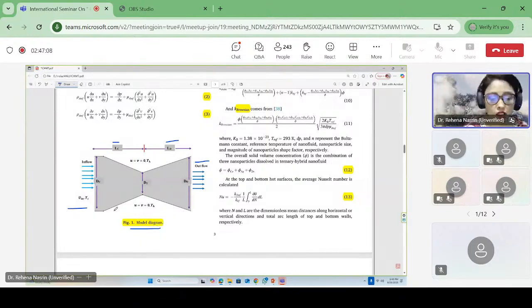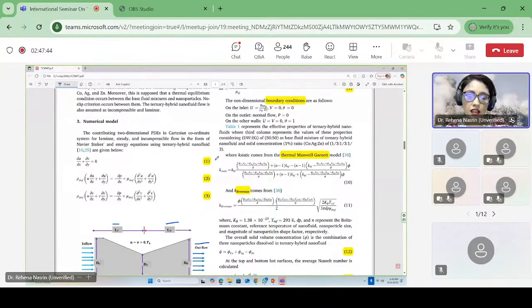On the solid part, the no slip condition is considered, and the lower and upper boundaries are considered as hot temperature, and the inlet fluid is considered as water ethylene glycol mixture based ternary hybrid nanofluid, and the fluid is considered as cold fluid, and we consider a fixed velocity to run the fluid through the system.